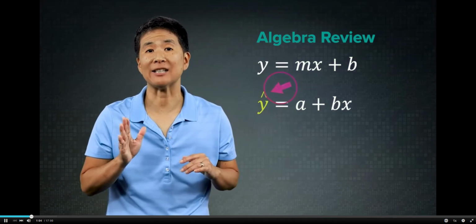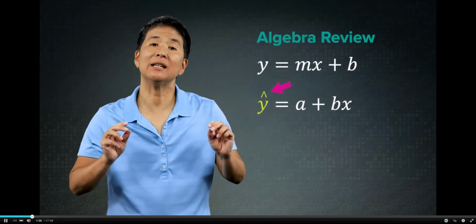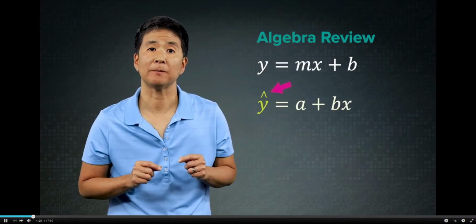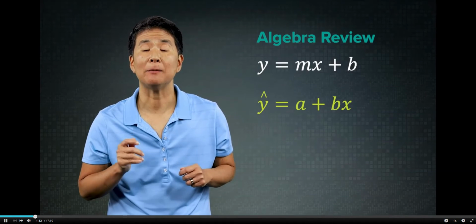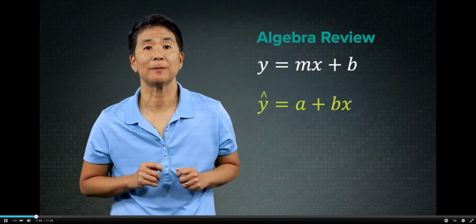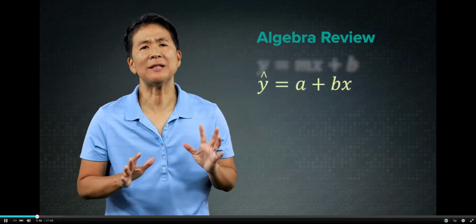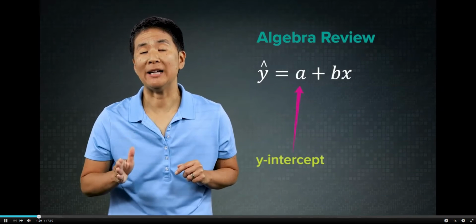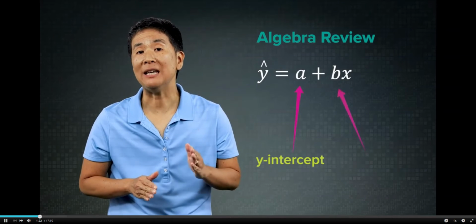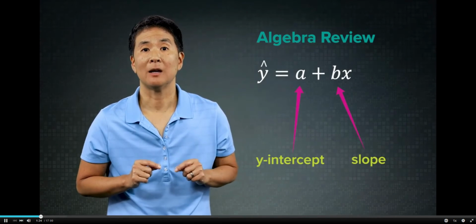Also, we have a hat on our y, meaning it's a prediction of something. So we have y hat equals a plus bx. We won't use that algebra one anymore. Our a is the y-intercept and our b is the slope.